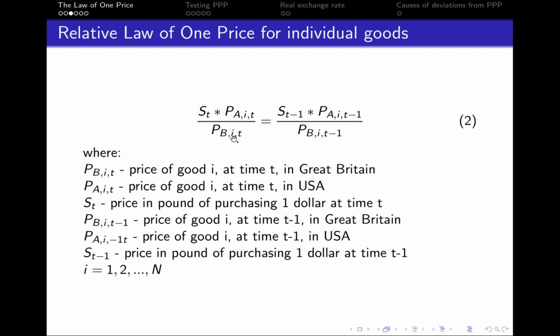And look, what we added over here are simply prices of goods in Great Britain and the United States in the previous period, and of course the spot exchange rate in the previous period. The rest remains the same.